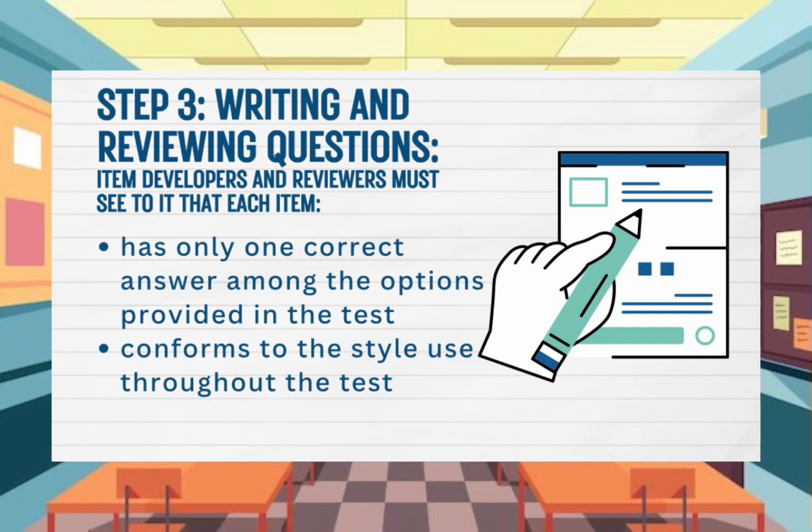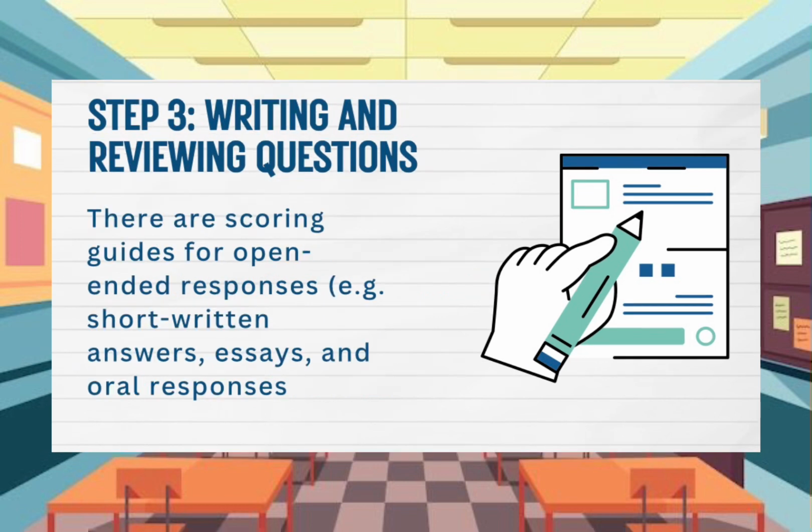Now, item developers and reviewers must also see to it that each item conforms to the style rules used throughout the test. In addition, there are scoring guides for open-ended responses. Examples of open-ended responses are short written answers, essays, and oral responses.